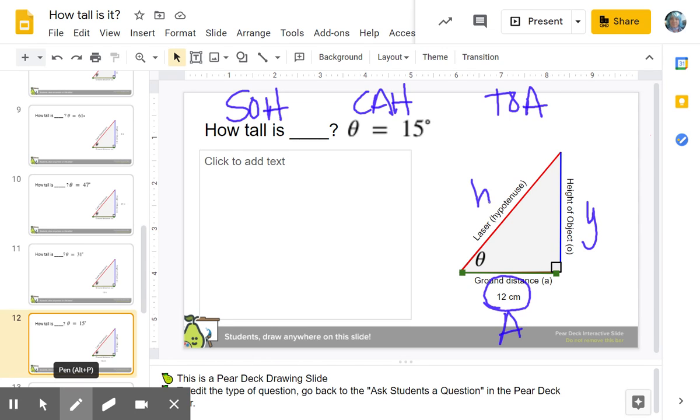So what can I do now? You gotta fill in the... So I know the 15. I'm going to fill in the A's, which means I can eliminate which function? Going to get rid of sine. So we've got cosine 15 equals what fraction?